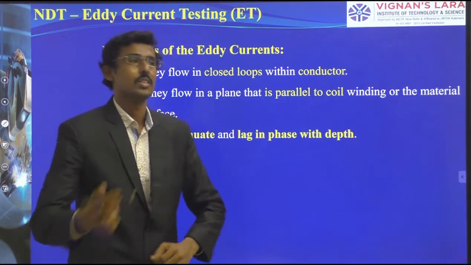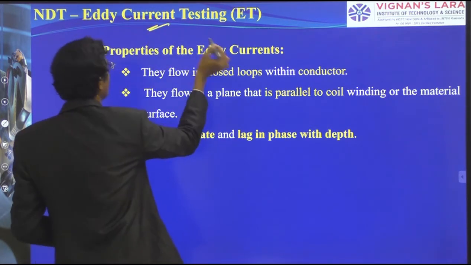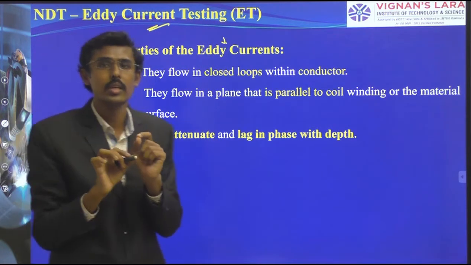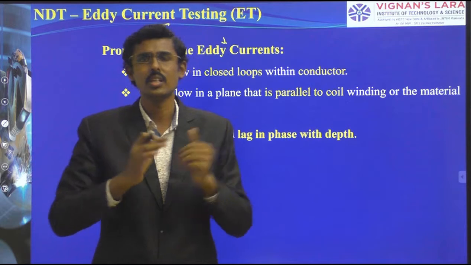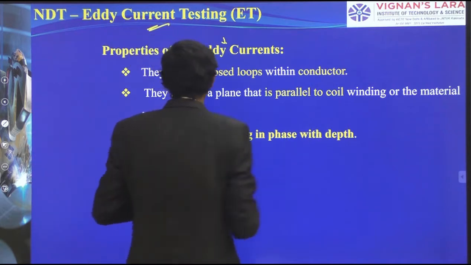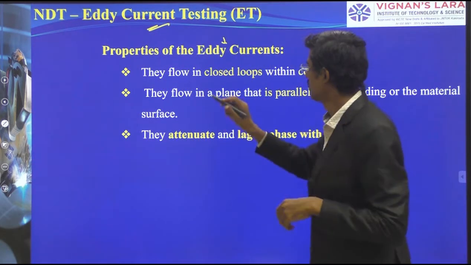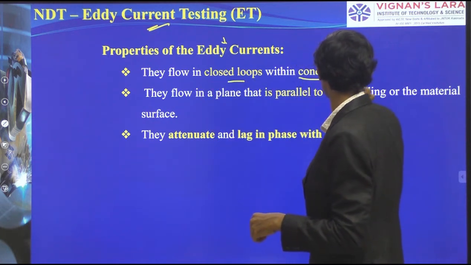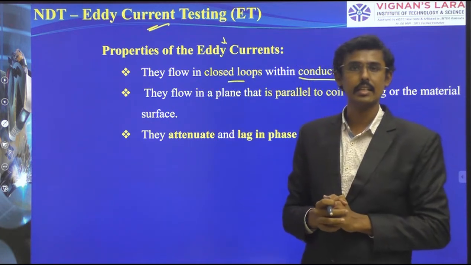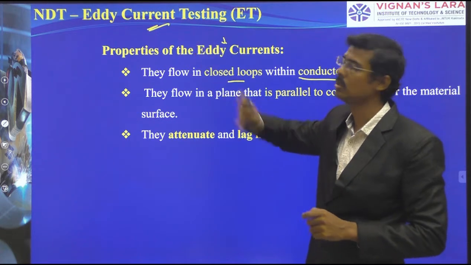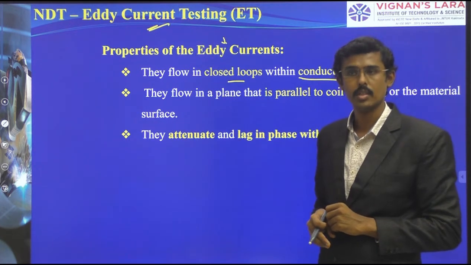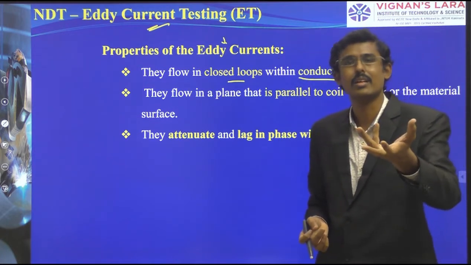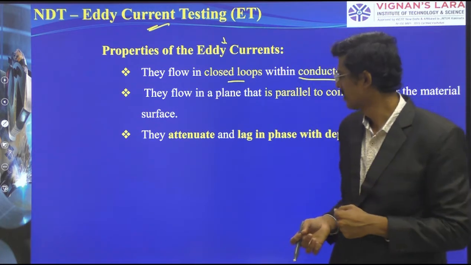Now, what are the properties of eddy? Why are we using eddy current inspection? By using eddy, we are doing a non-destructive inspection, though maybe other methods do this also. It can flow through closed loops within a conductor. So if the specimen is a conductor, we can do eddy current inspection. If it is not a conducting material, surface detection can be done through liquid penetrant inspection.